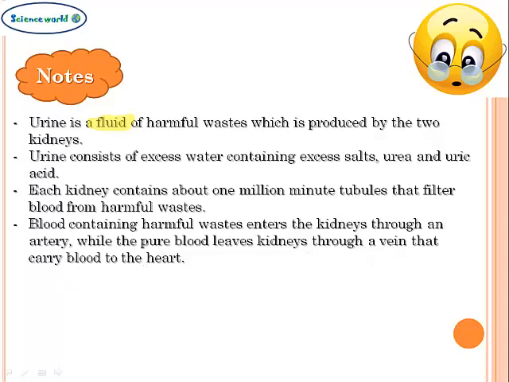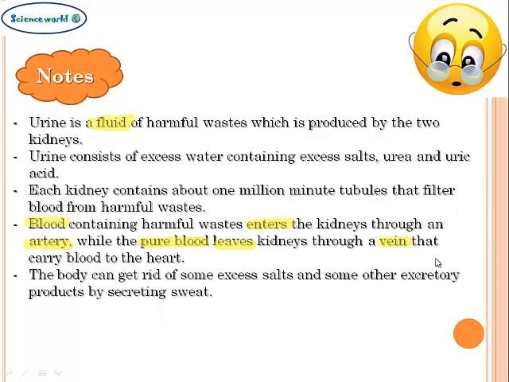It's too important. Blood enters the kidneys through an artery, while pure blood leaves the kidneys through a vein. The last note is the body can get rid of some excess salts and some other excretory products by secreting sweat.